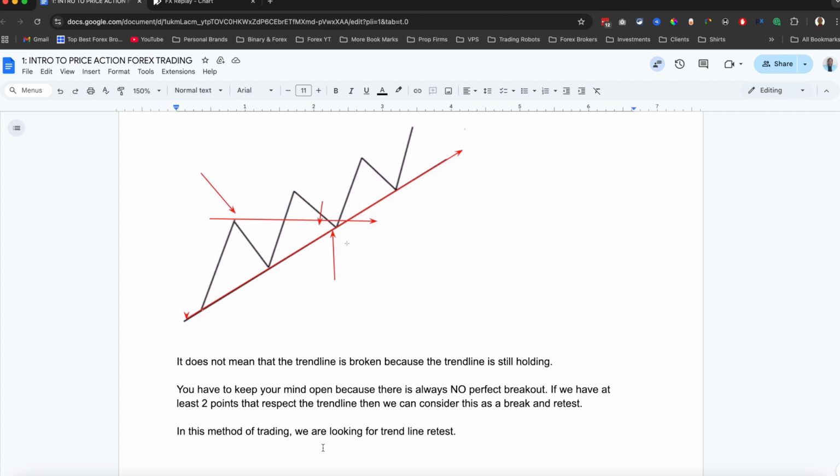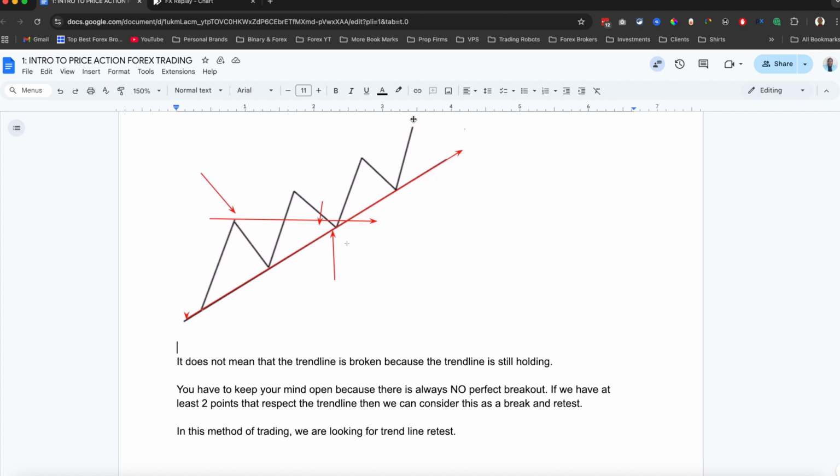So with this method of trading, we are looking for a trend line and a retest. So it's a break and a retest of the trend line. It's another break and a retest. If we draw our line here, we wait for that retest before we take our trade, and then we wait for another breakout of this key level here, and then we wait for a retest from that particular moment.